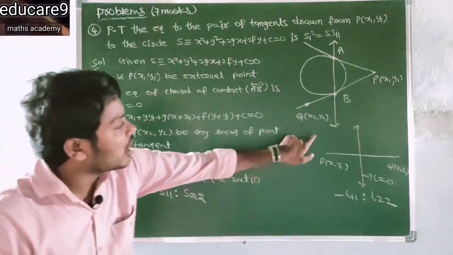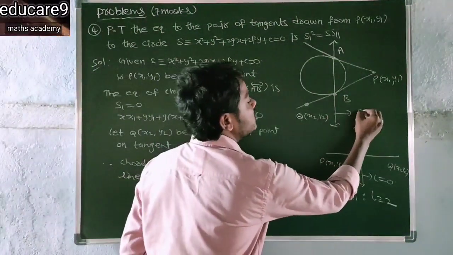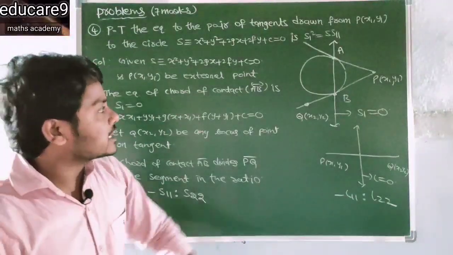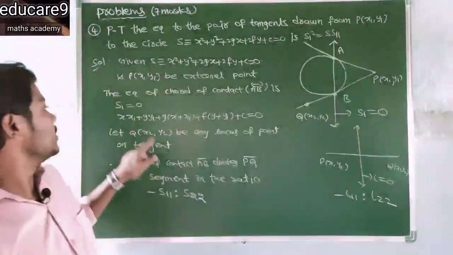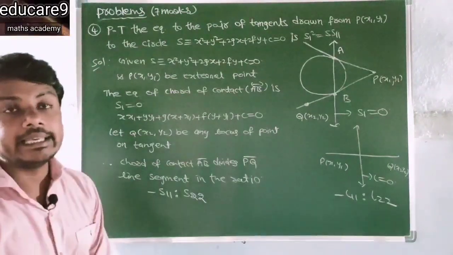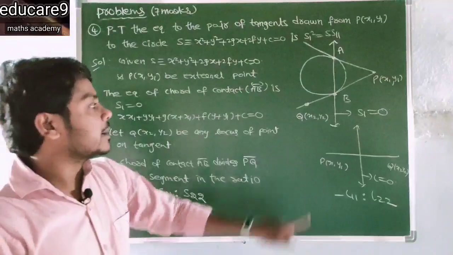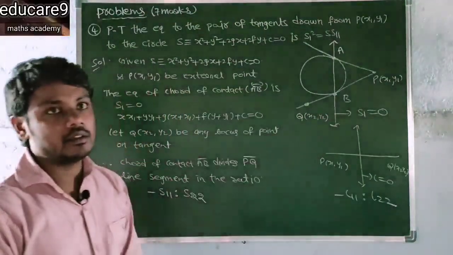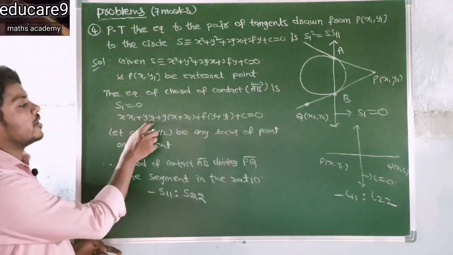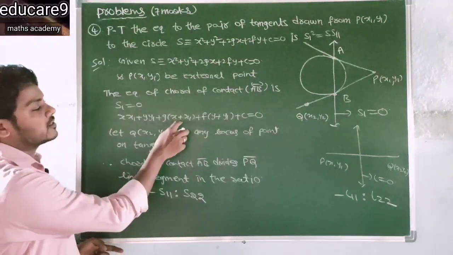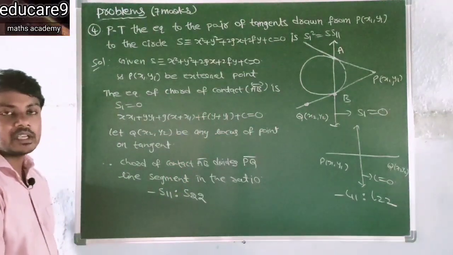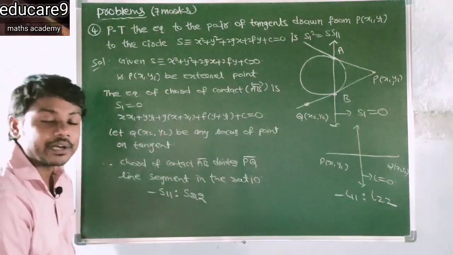But here the line is what? S1 equals 0. So clearly substitute point P, in place of x, x1, in place of y, y1. So you will get S11. And substitute point Q in the given line, that is x2, y2. So substituting here, you will get x1 x2 plus y1 y2 plus g(x1 plus x2) plus f(y1 plus y2) plus c equals 0. So that is what? S12.